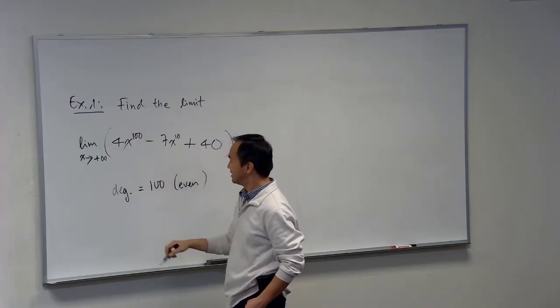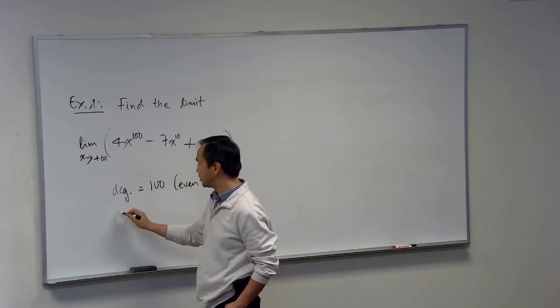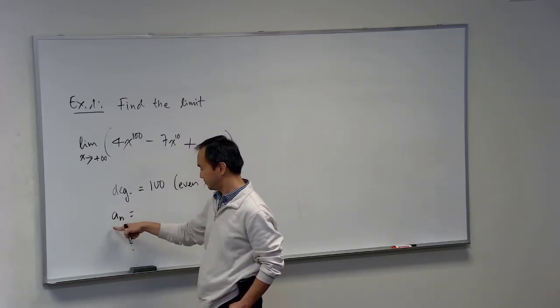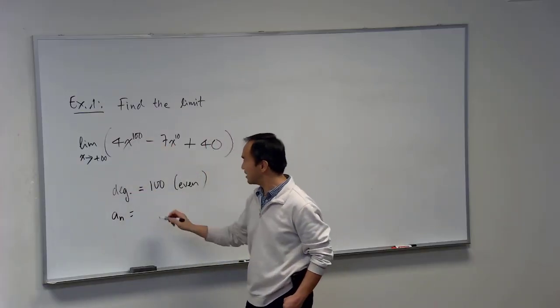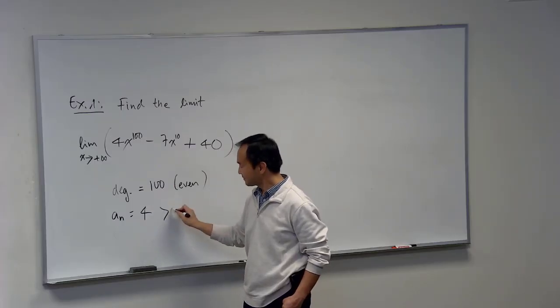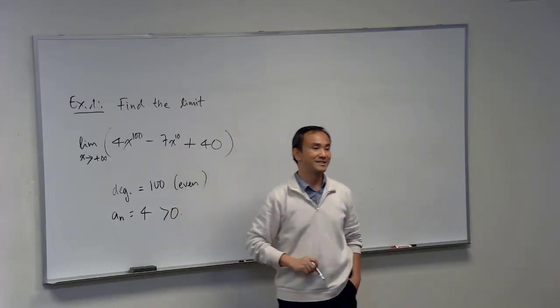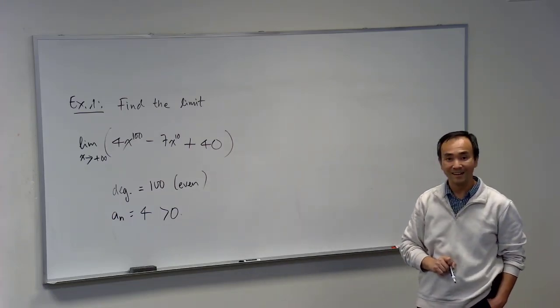An extra note here: lead coefficient, or a lot of times people also notate that as a sub n, is the coefficient that comes with the degree n. Lead coefficient is 4. Is that positive or negative? Positive. Why do they notate the leading coefficient like that?